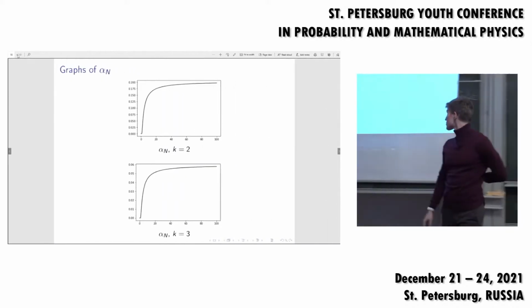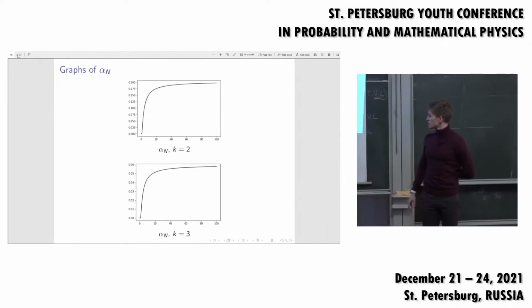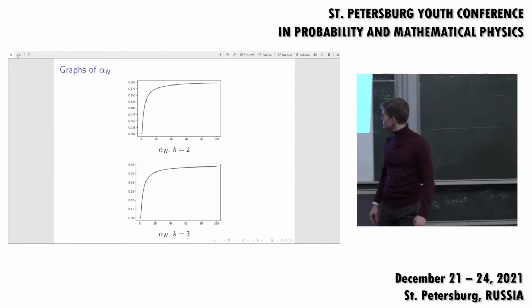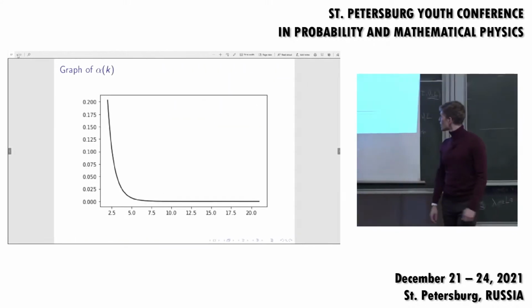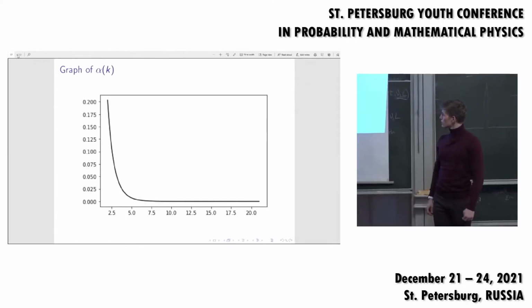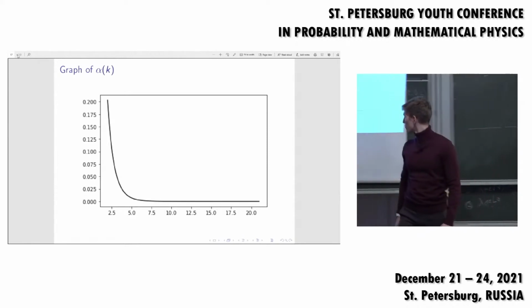Here you can see some graphs. These are graphs of alpha n, where k is equal to 2 and 3. As you can see, it grows to some number. Also, here is a graph of alpha of k.